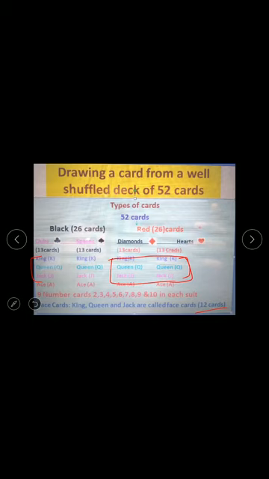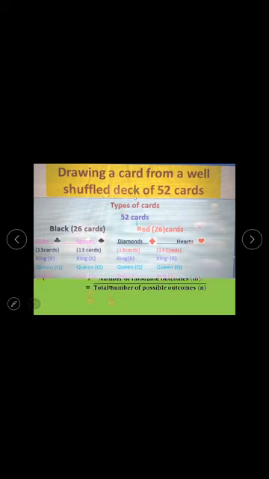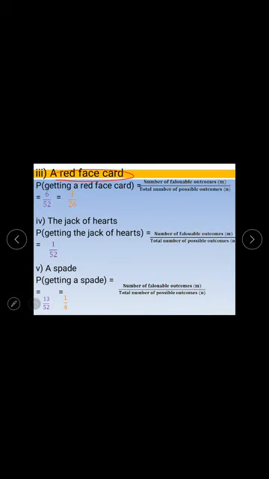So number of favorable outcomes will be 6. Probability of getting a red face card is equal to number of favorable by total. Write the formula always. 6 by 52, cancel by 2. 2 threes are 6, 2 twenty-sixes are 52. That means 3 by 26. Getting that.